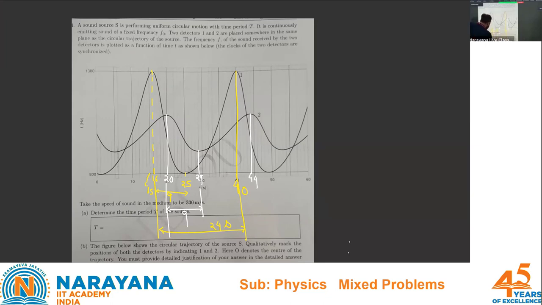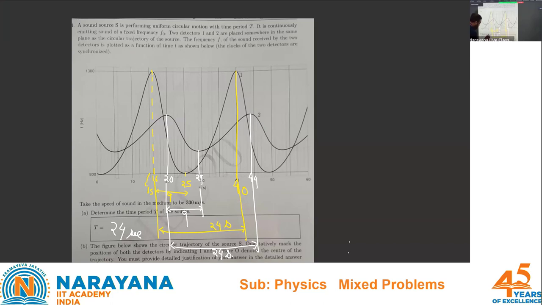So even in this case, from max to the next max, it is a 24-second gap. So for both of them, the first speculation seems simple to me. When he asks the first question, what do you think is the time period of the source? The first answer seems to be 24 seconds.